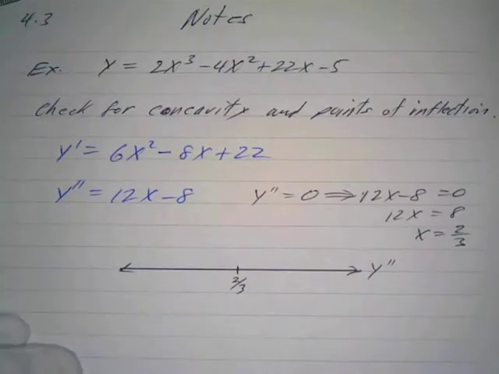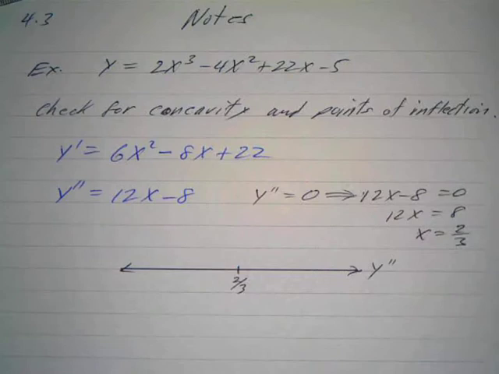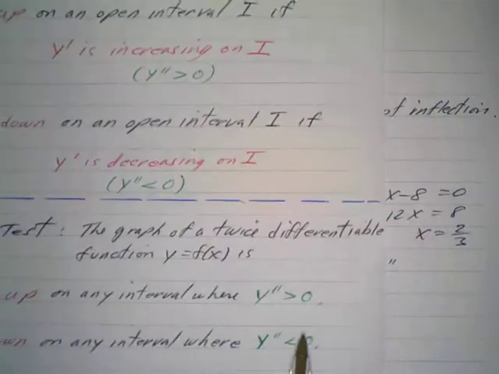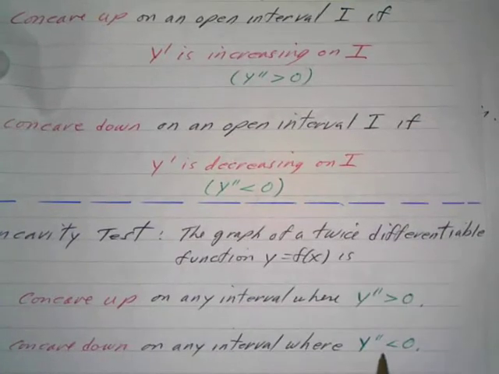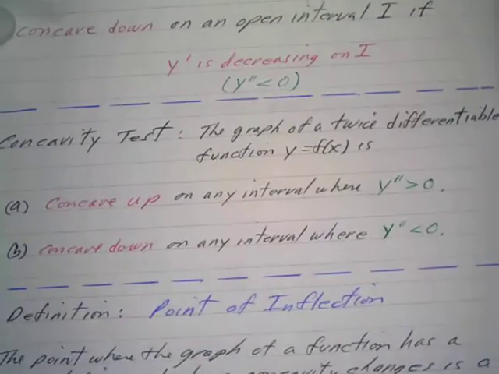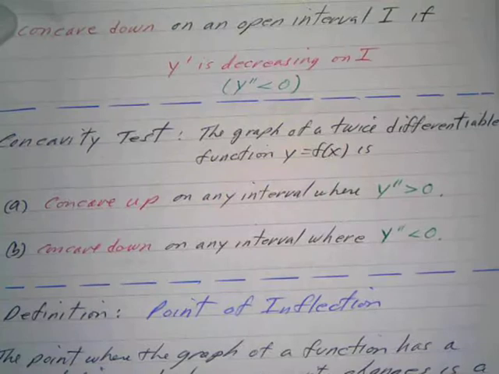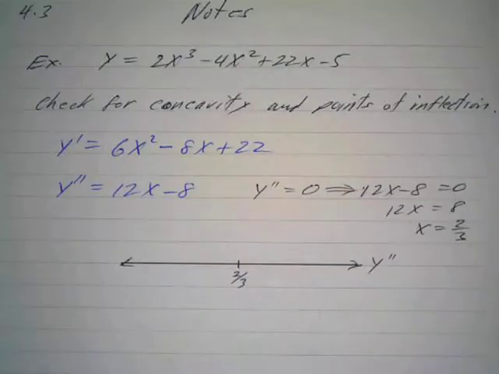Now we just have to check and see what's happening for concavity. Remember, if the second derivative is positive, it's concave up. If it's negative, it's concave down. And where concavity changes is a point of inflection. All right? So let's see if it does change.